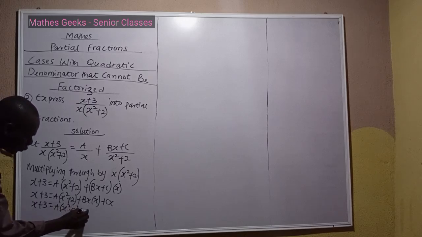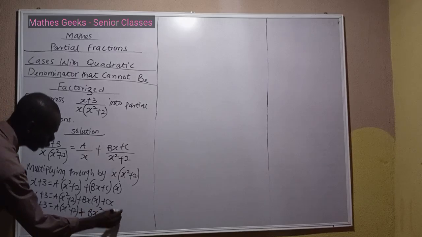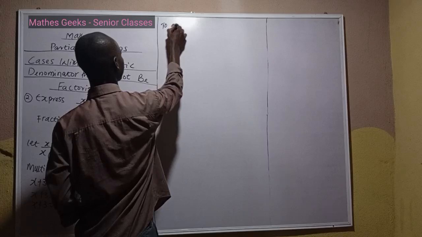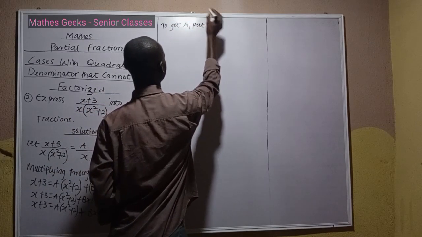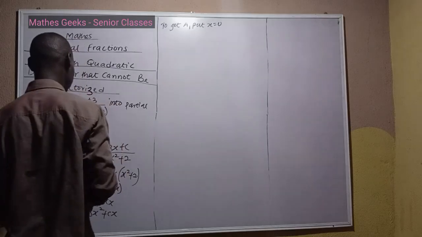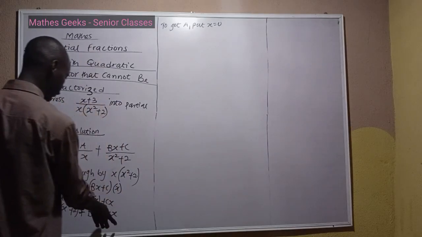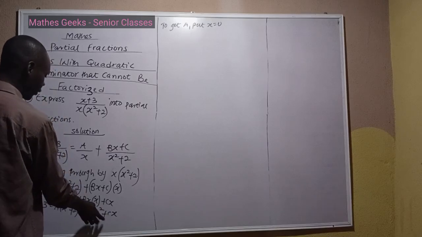plus bx squared plus bx. Okay, so to get a root, x equals 0, which means I'm trying to eliminate b and c. So if x is 0, 0 times c will be 0, 0 squared is 0, 0 times b is 0.